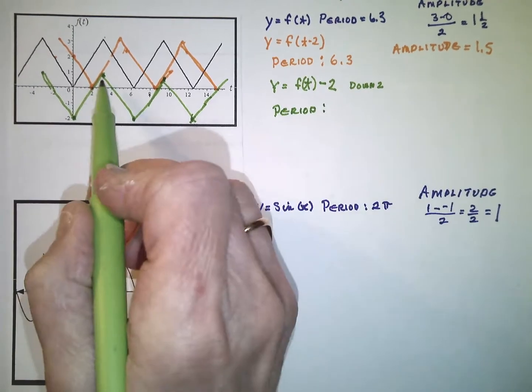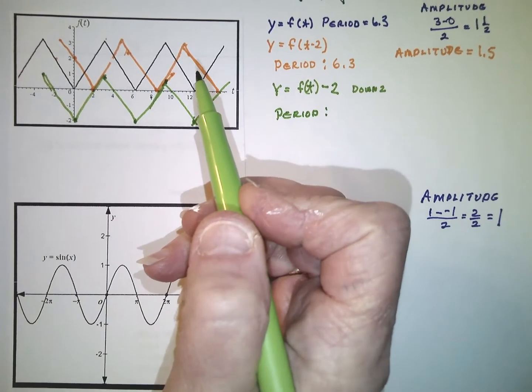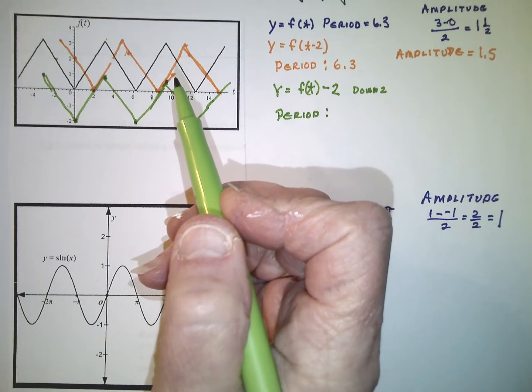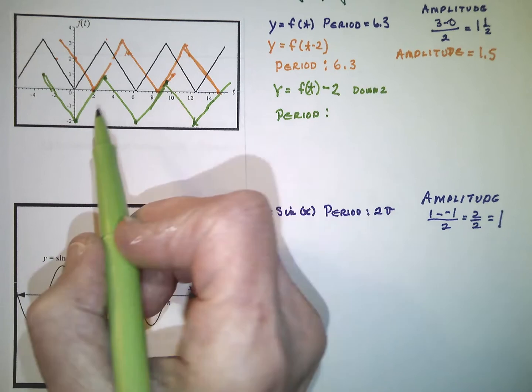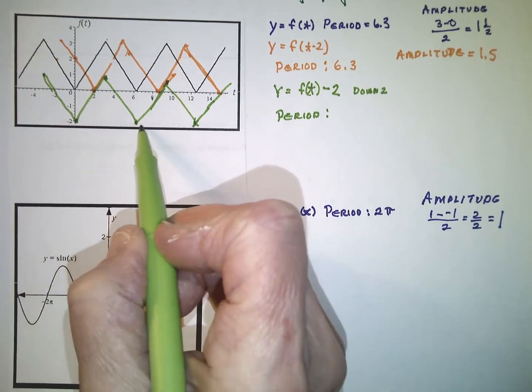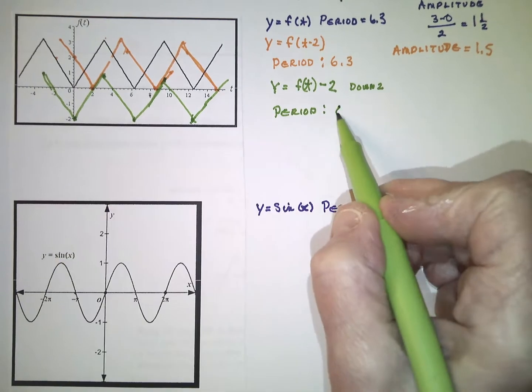What span of x's does it take? Well, it didn't move left or right. It just moved up and down. It's still looking like it's taking about 6.3 to fill one complete cycle.